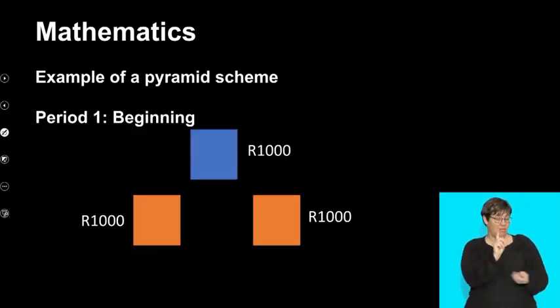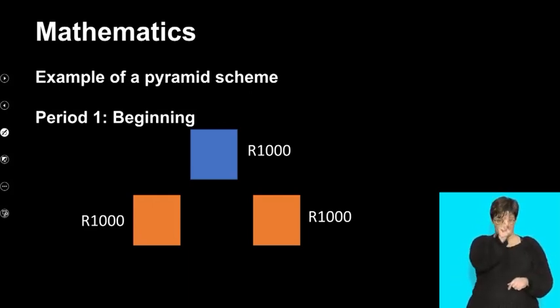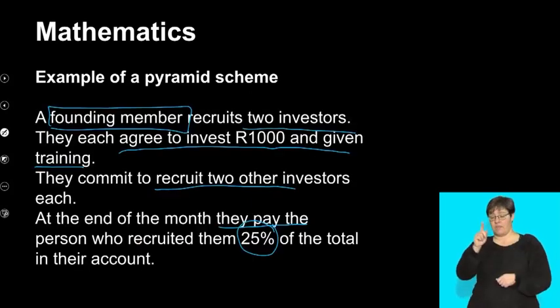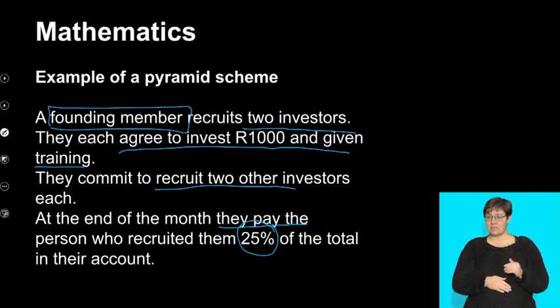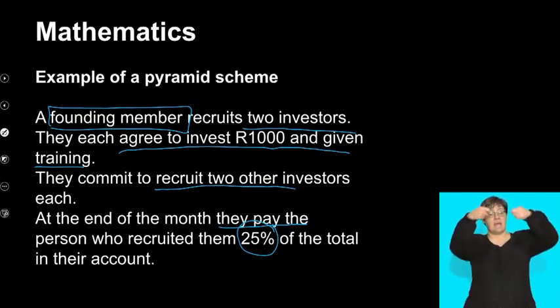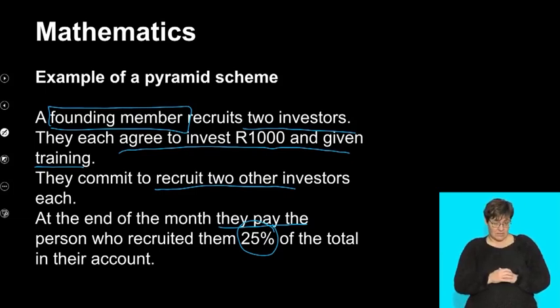But let's look at the beginning of this. In terms of these 3 people, everyone is agreeing to pay 1,000 rand. But remember what we said: at the end of the month, the people who were recruited need to pay the recruiter 25% of what they have in their account.